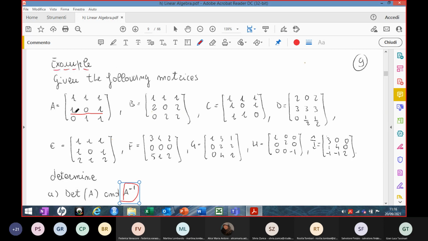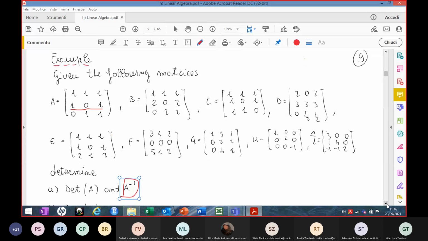So you have -1 to the power 2 plus 1, times 1, which is the element A21, times the determinant of the matrix you obtain by cancelling the second row and first column, A21. So the determinant of 1, 1, 1, 1. Go below and you see immediately, yes, that is exactly what I told you.